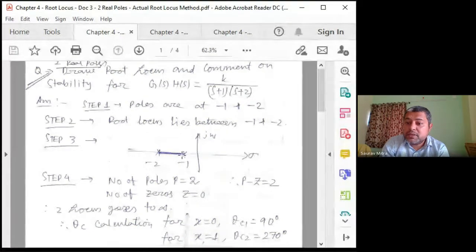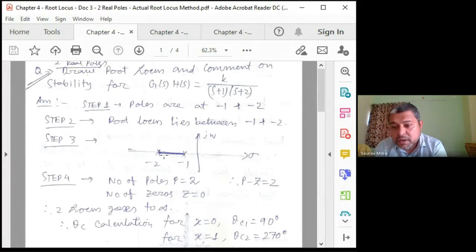One real pole is there, at -1. Another is the complex conjugate pair at -0.5 plus or minus j. So the count of 2 and 1 is 3. That means -1.5 will be on the root locus.